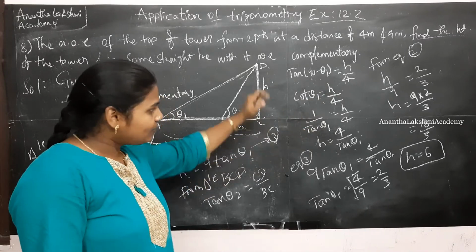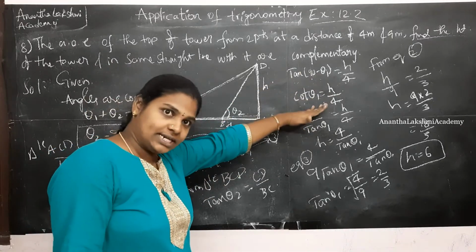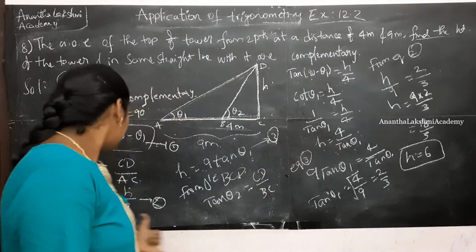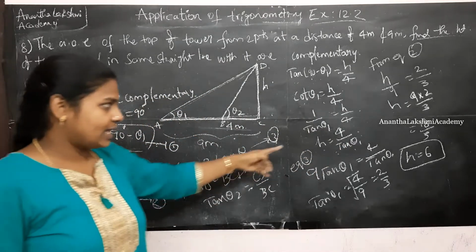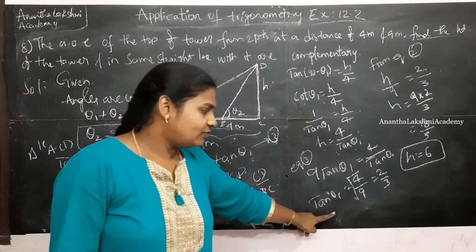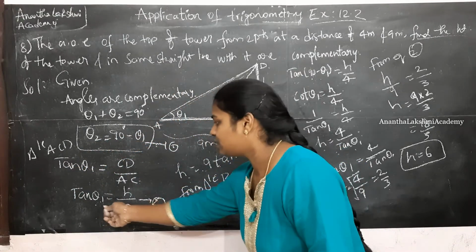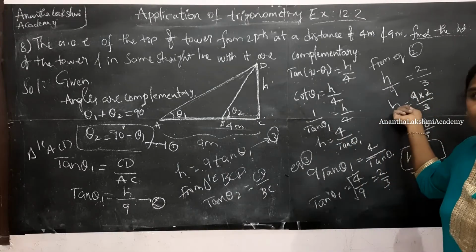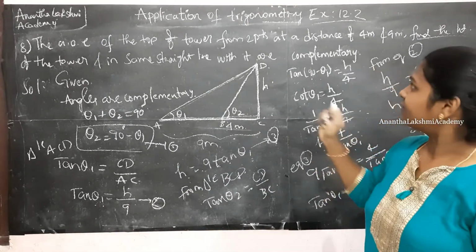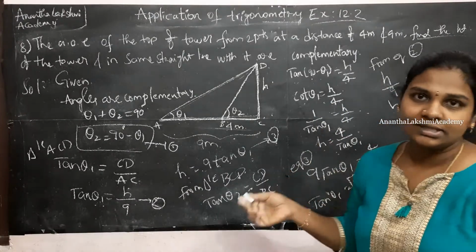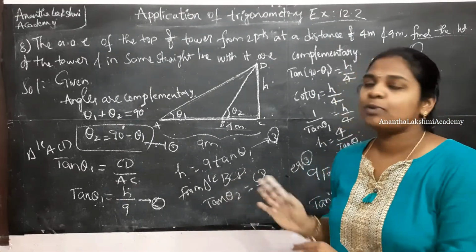Then I wrote cot theta in terms of tan and substituted the value of tan theta over there to figure out the value of tan theta 1. Once I got tan theta 1, I substituted the value here to figure out the height of the tower. Yeah, this is the height of the tower. So this is about problem number 8.